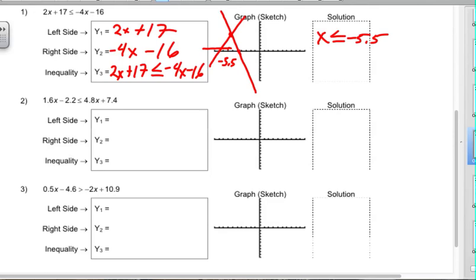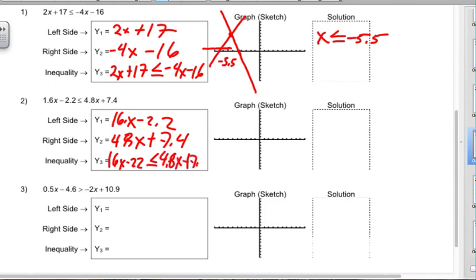We do the same thing over here. I will get 1.6x minus 2.2, 4.8x plus 7.4, and then we copy it. So 1.6x minus 2.2 less than or equal to 4.8x plus 7.4.